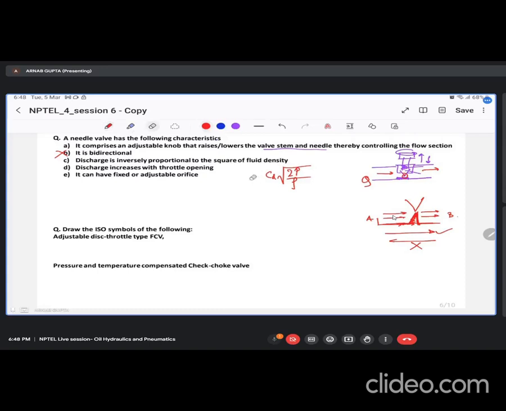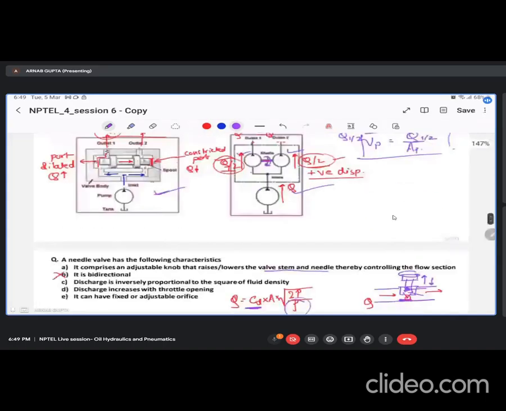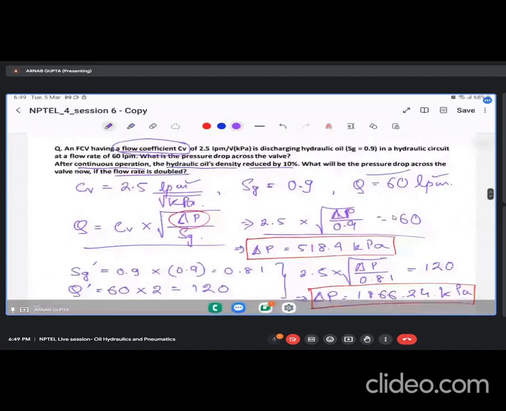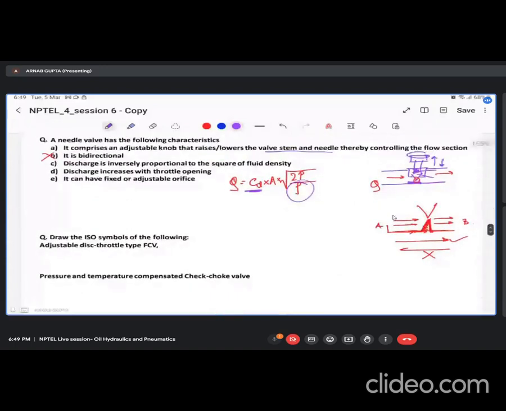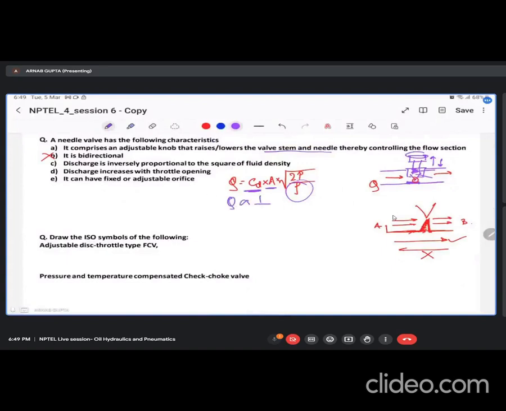So if we look at the formula for a needle valve, as you can understand from here, again, this is not a flow coefficient. It is a discharge coefficient. And we have the area here. You can understand that Q is inversely proportional to the root over of fluid density, not square. So again, this is not a correct option.